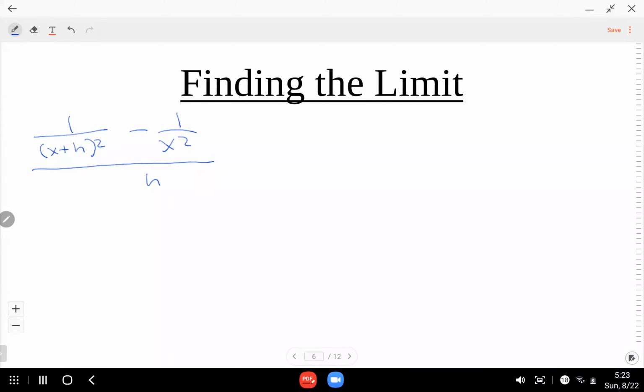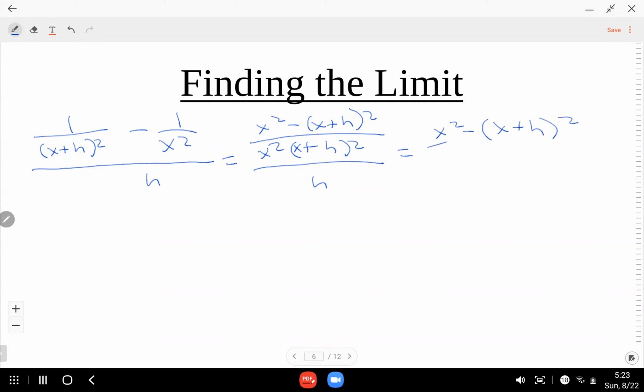So let us very quickly simplify this first. This would be x squared minus (x plus h) squared, all right, x squared times (x plus h) squared, over h. So it's just x squared minus (x plus h) squared.